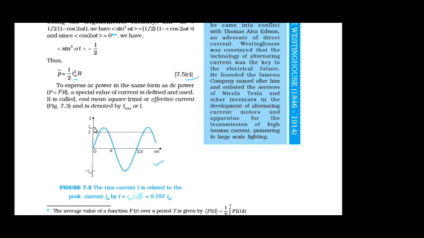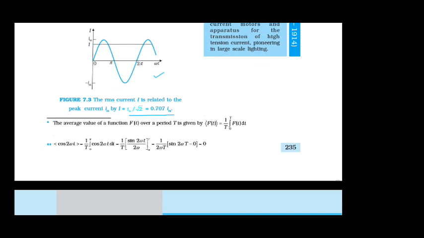So if this is Im and this is I, then I is equal to Im upon root 2, or 0.707 multiplied by Im.